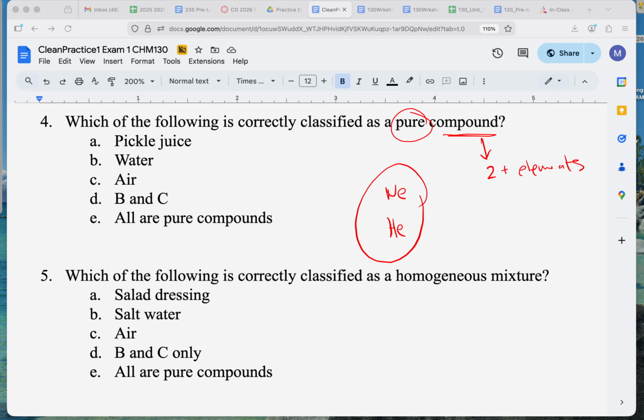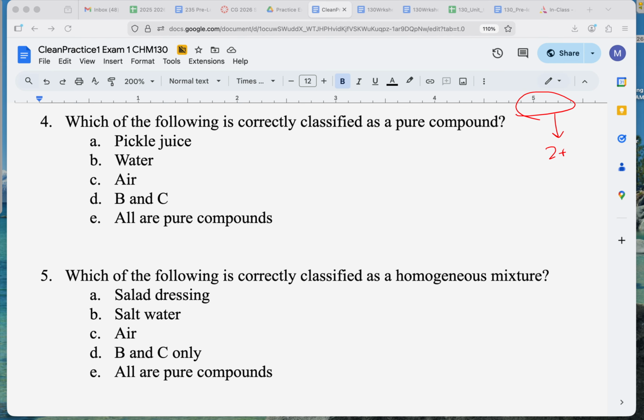There's a physical proximity that can happen, and then there's a chemical proximity that has to happen. Our compound is looking at our elements, two or more, the circles up there, that are chemically linked.